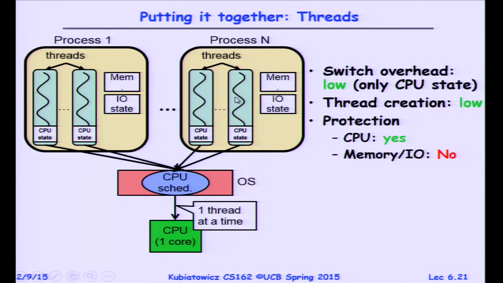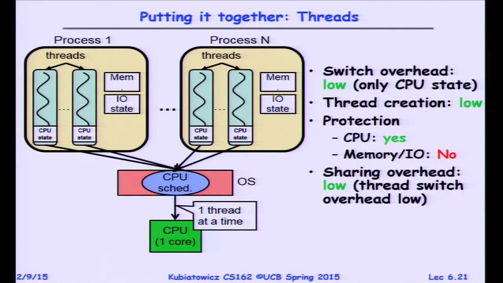Okay. The protection, well, the CPU state in general is protected from other things, but memory and I/O is not protected among threads. Now, I said that a little bit strangely. I will say that between threads, the CPU state is kind of protected, but not really. Threads can bash each other's stacks, and therefore it's hard to say whether they're actually protected from one another. Memory is definitely not protected because the threads are sharing memory, which means, of course, that sharing is easy.